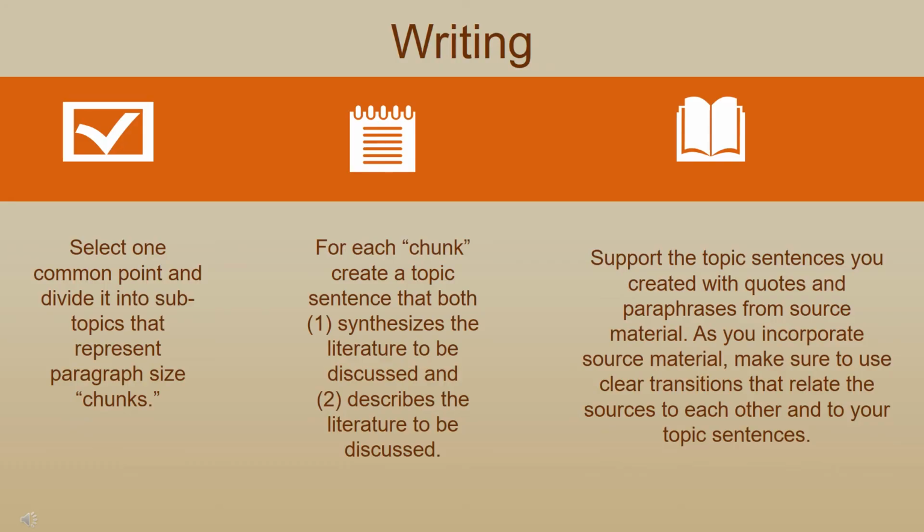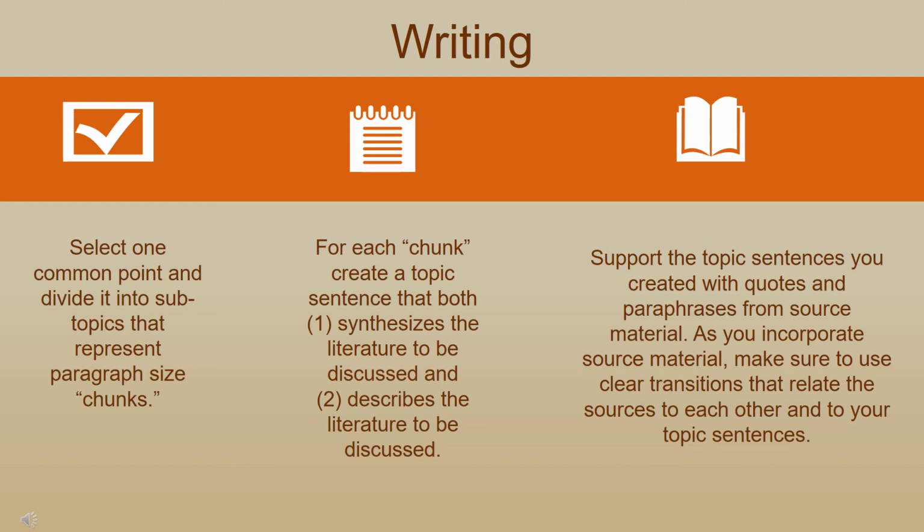Once you have completed a grid of common points, you can begin writing your paper. When you begin to write the body of the paper, select one common point and divide it into subtopics that represent paragraph-sized chunks. For each chunk, create a topic sentence that both synthesizes the literature to be discussed and describes the literature to be discussed.